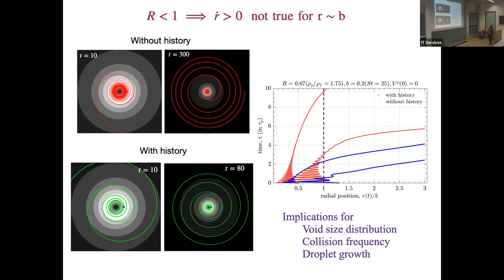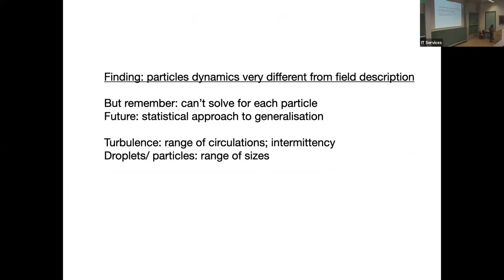You can get all of this from knowing, and since we are solving this for a set of vortex sizes, we can actually generalize the statistics of this to real turbulence. And so we need not even solve for real turbulence. So the finding is that the particle dynamics is very different from what you'd get from a trivial-minded field description, but all is not lost.